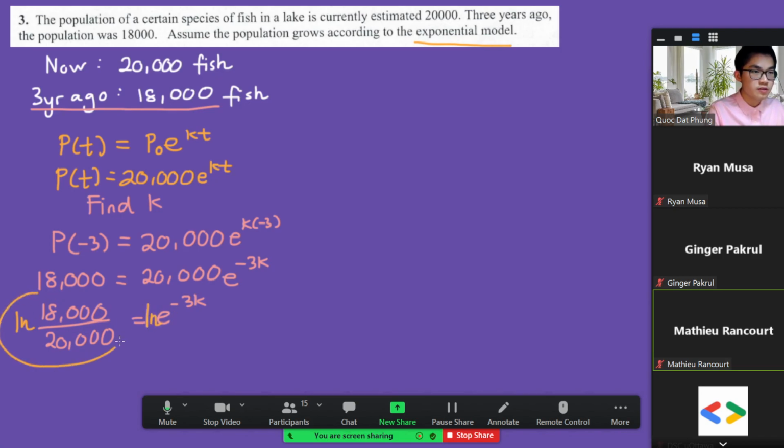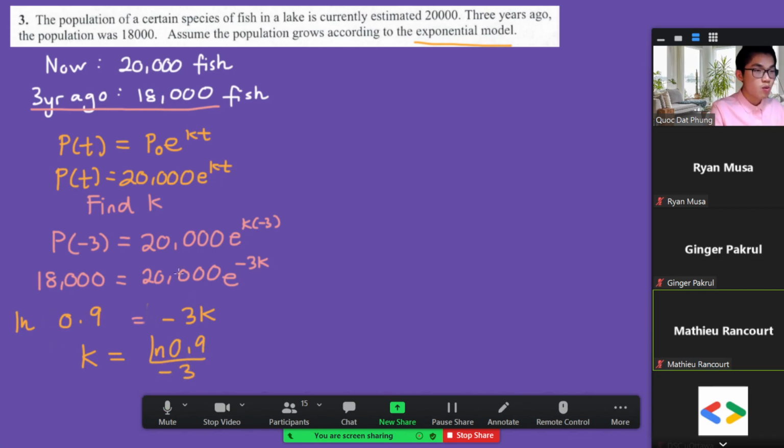So after you solve this or plug it into a calculator, you're going to get 0.9. Oh, actually, before we do that, this divided by that is 0.9. Yeah, so this is 0.9. And then when you solve this, you're just going to get negative 3k. So k is just this divided by negative 3. Now we found k, we need to plug it back into our formula.